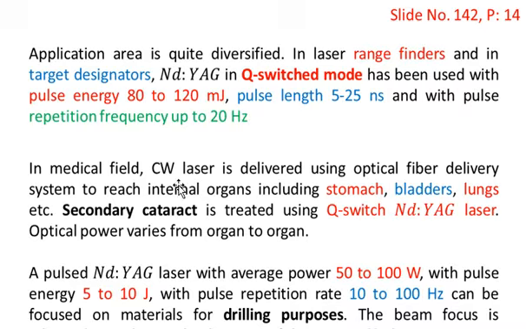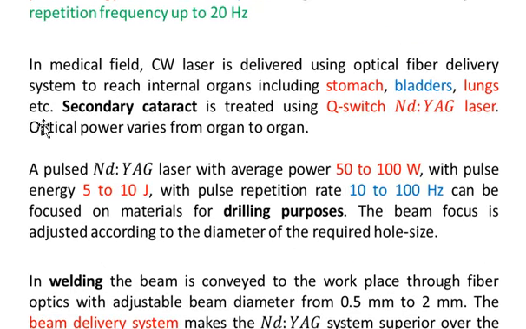In the medical field, CW laser is delivered using an optical fiber delivery system to reach internal organs including stomach, bladders, lungs, etc. Secondary cataract is treated using Q-switched Nd-YAG laser.